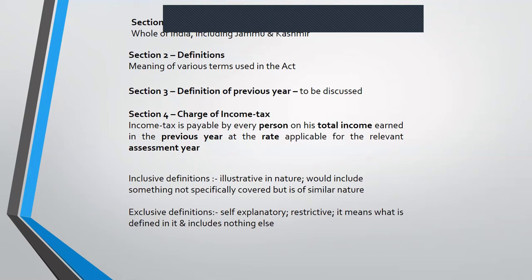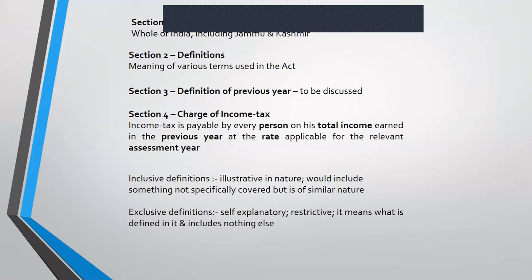However, any other item of similar nature will also be covered in that definition itself. So basically, such definitions are illustrative and would also include something that is not specifically mentioned in that section. However, it is of similar nature. Such definitions are called inclusive kind of definitions. I shall give you the examples as I move on.